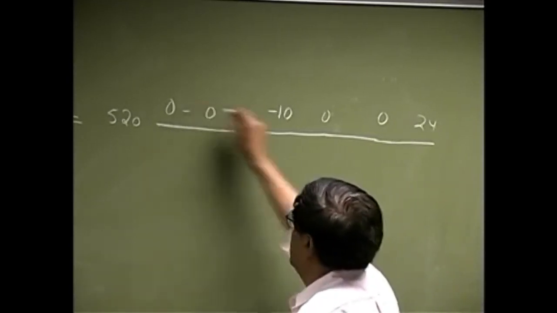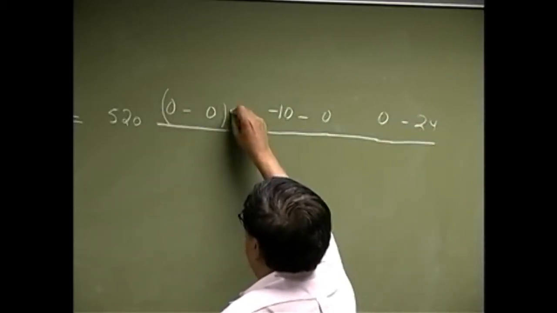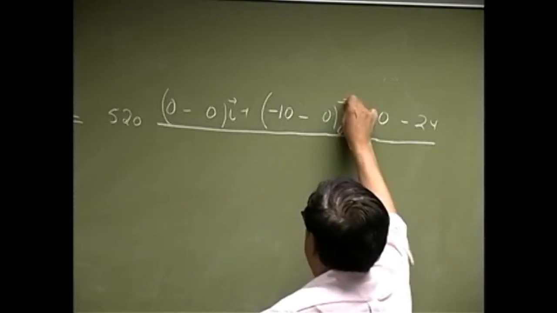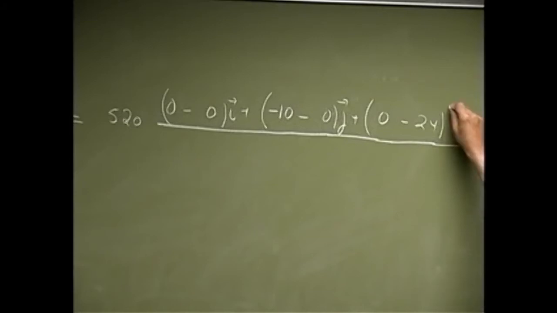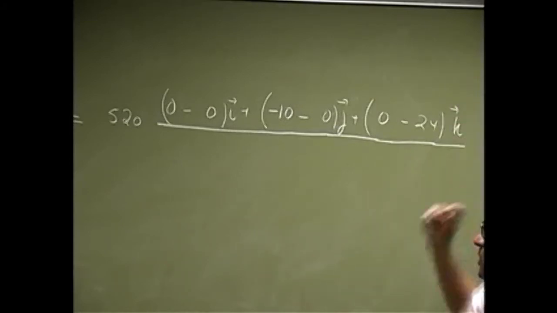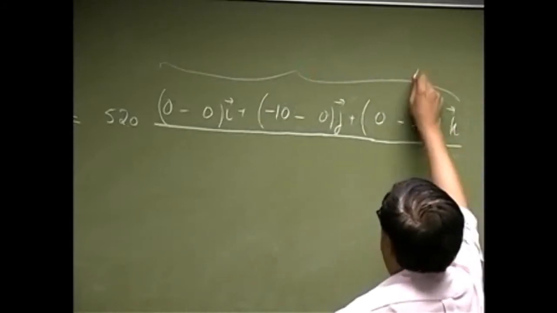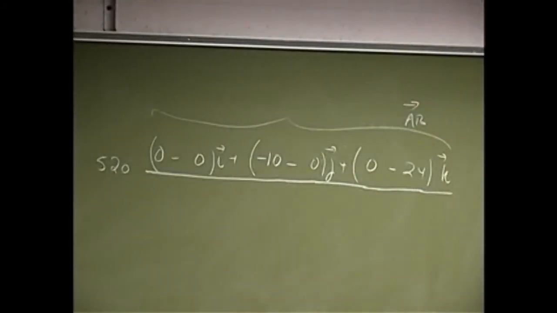Then you subtract these numbers, multiply that by i, you subtract this, multiply it by j, you subtract this, and you multiply it by k. So this whole thing is the position vector AB.